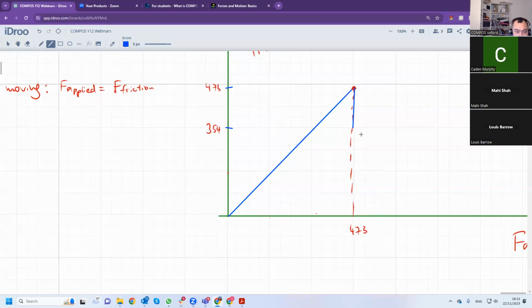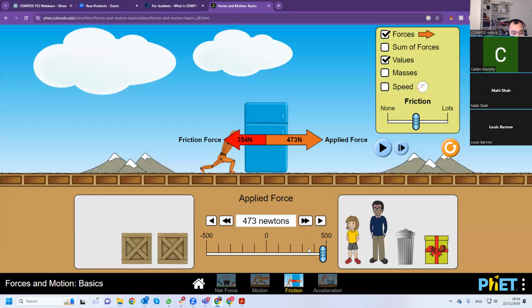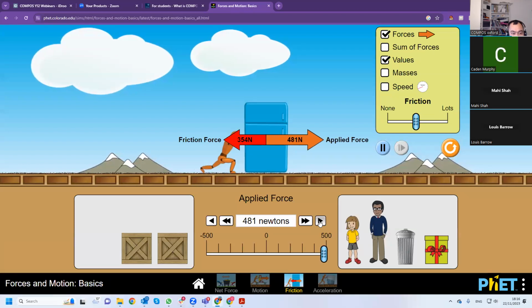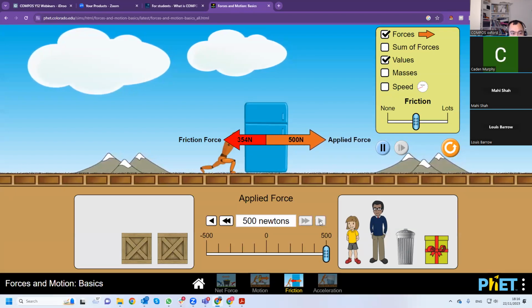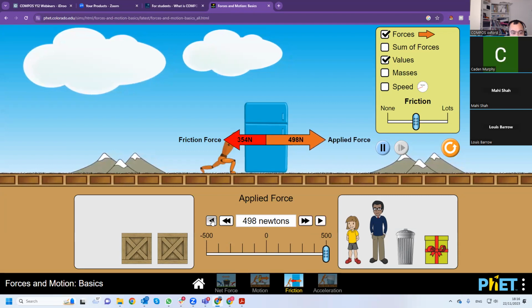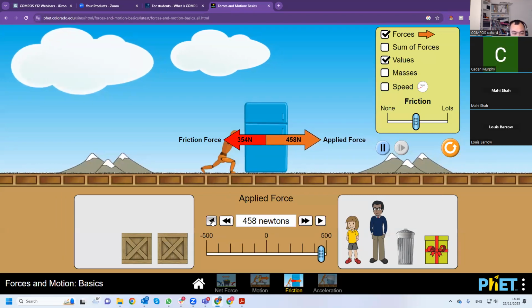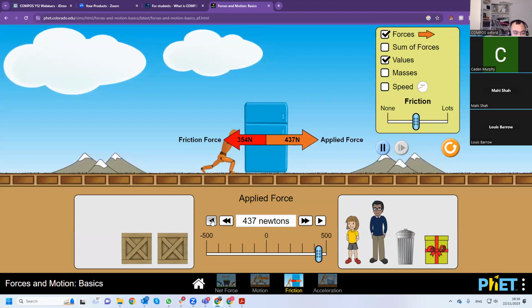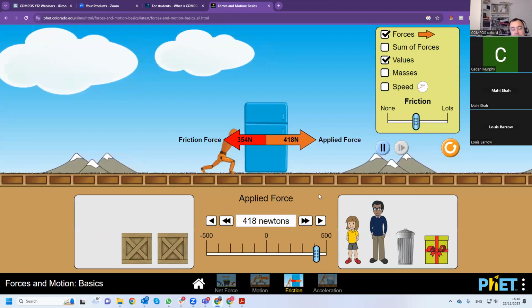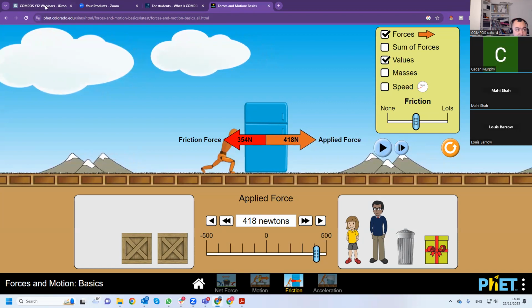And then the friction force doesn't change. No matter what you do with the force, no matter how you increase the force, the friction force does not change. Look, I can increase the force further, and it's still the same. I can reduce the force. While it is sliding, it's going to be the same friction force.